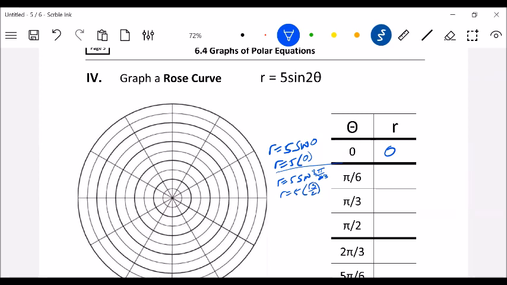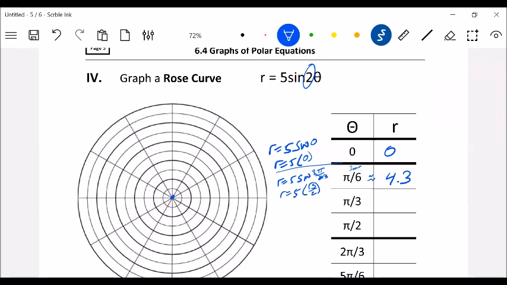So instead of 30 degrees, the 2 makes it 60 degrees, or pi over 3. We can call it 30 and 60 degrees too, just to make it easier. Then 5 times square root of 3 over 2 is approximately 4.3.